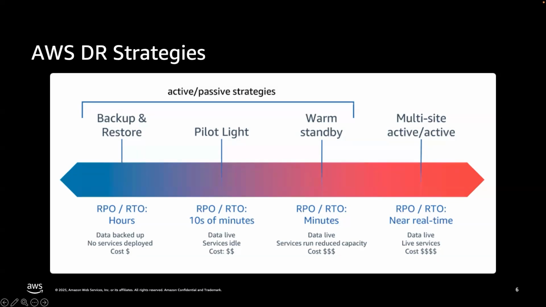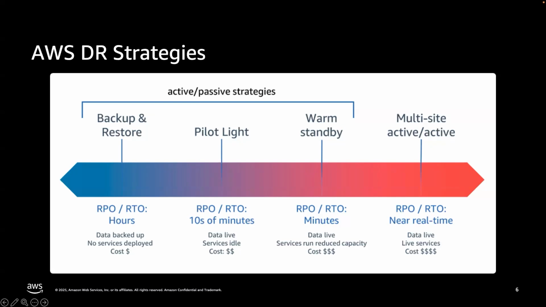So in this context, you can understand the ramifications of saying, well, I need a 1 minute RTO and RPO. Well, you can immediately see, well, backup and restore is not going to work. We know that's going to take hours to restore backups and deploy services. And even the pilot light strategy is going to take tens of minutes.